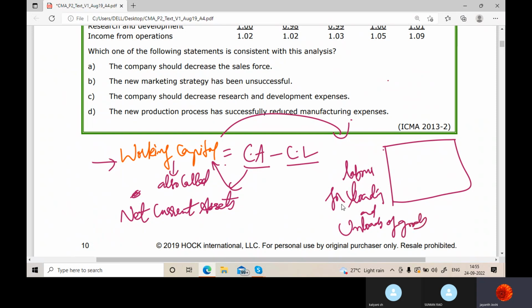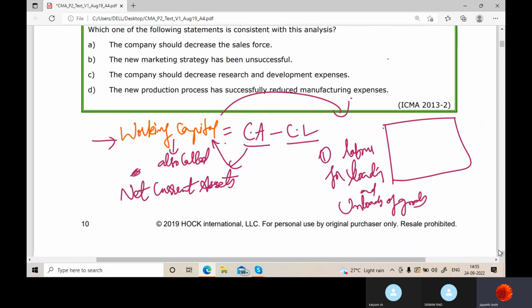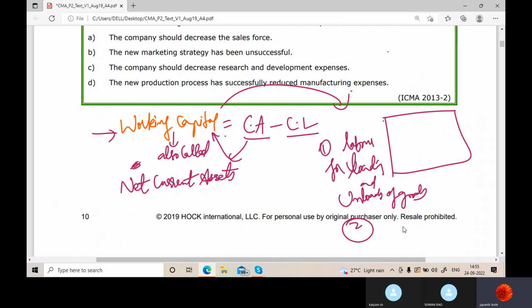Daily they buy some provisions or inventory for their shop, so they require funds for buying inventory. Inventory can be bought either on cash basis or on credit basis. If they buy on cash basis, they require funds. If they buy on credit basis, they should have funds to repay that. That's a secondary matter.